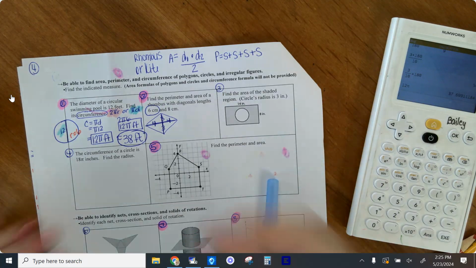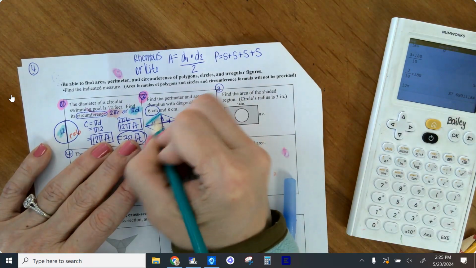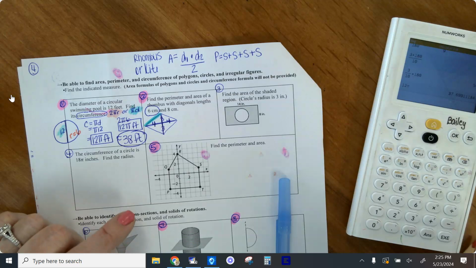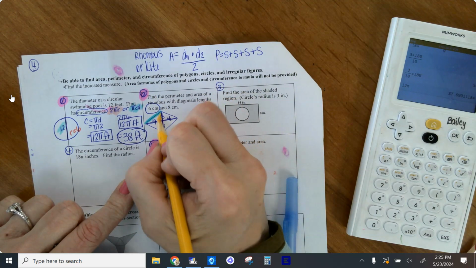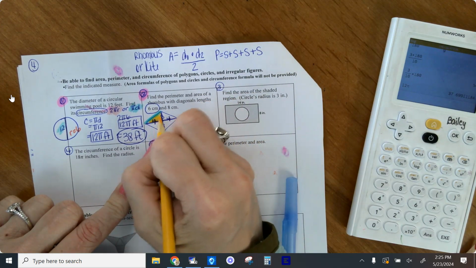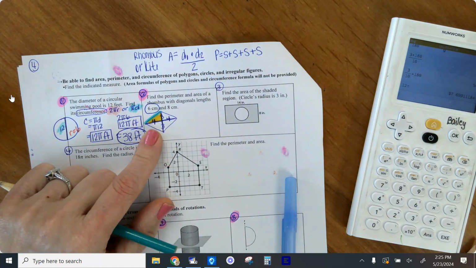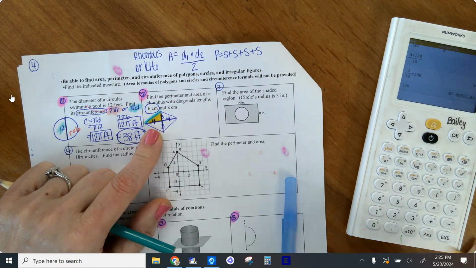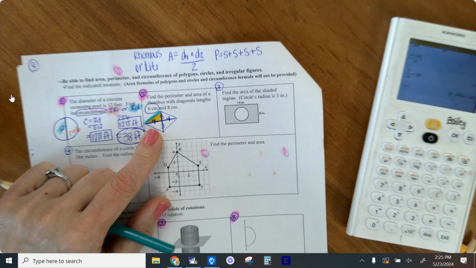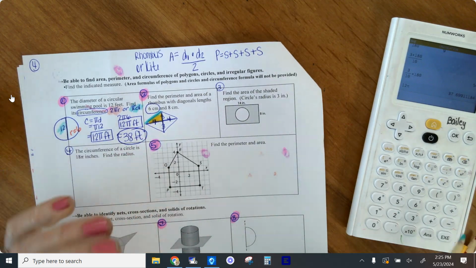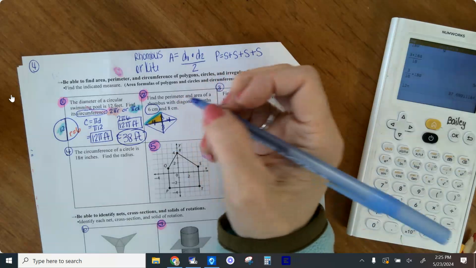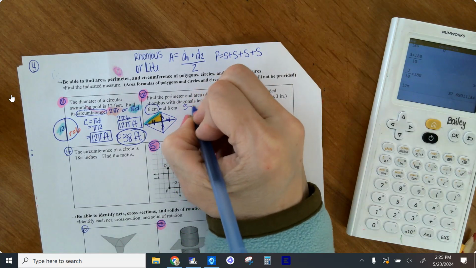Now we need a side length. Guys, what does this look like? That's a triangle. What kind of triangle would that be? You have a side of 3 and a side of 4. It's a right triangle. So we have a 3, we have a 4.